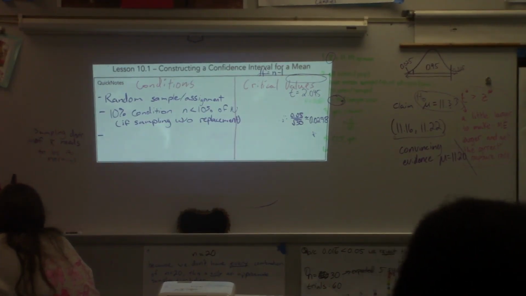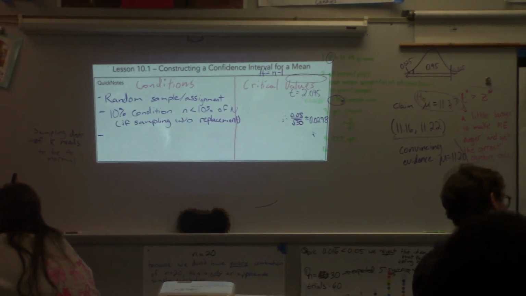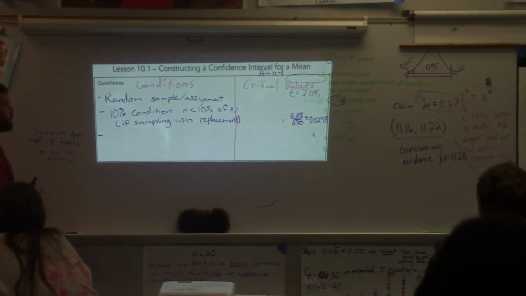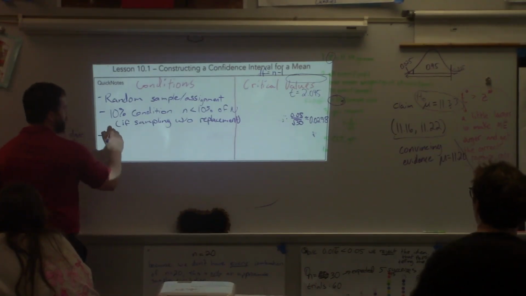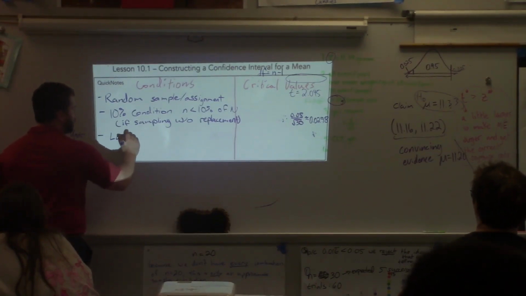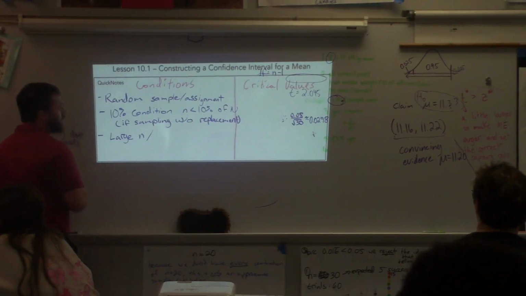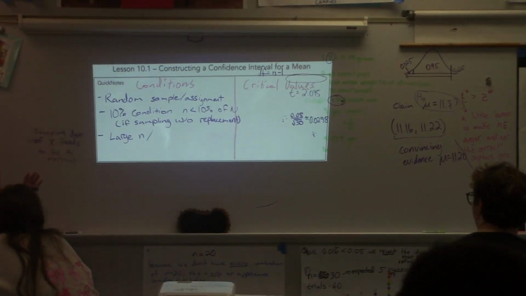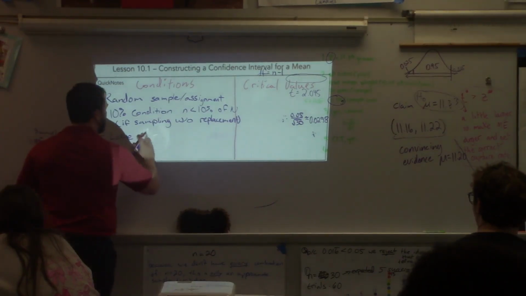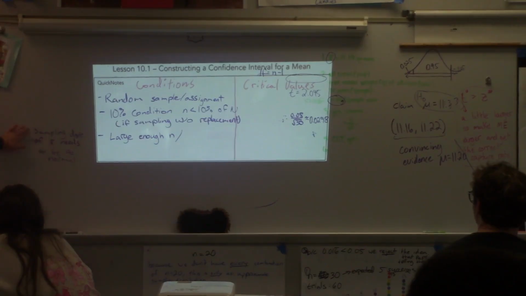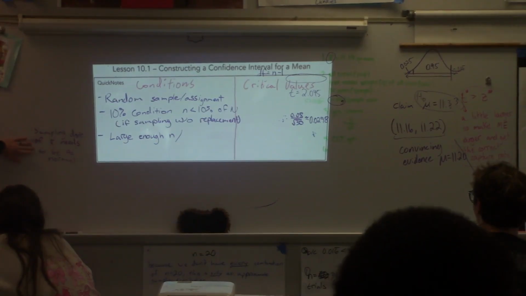Here's what we do. It could be the CLT, which would be a large sample, n greater than or equal to 30. But you don't always have to have a large sample, because the sampling distribution of x bar is also approximately normal if the parent population is normal.